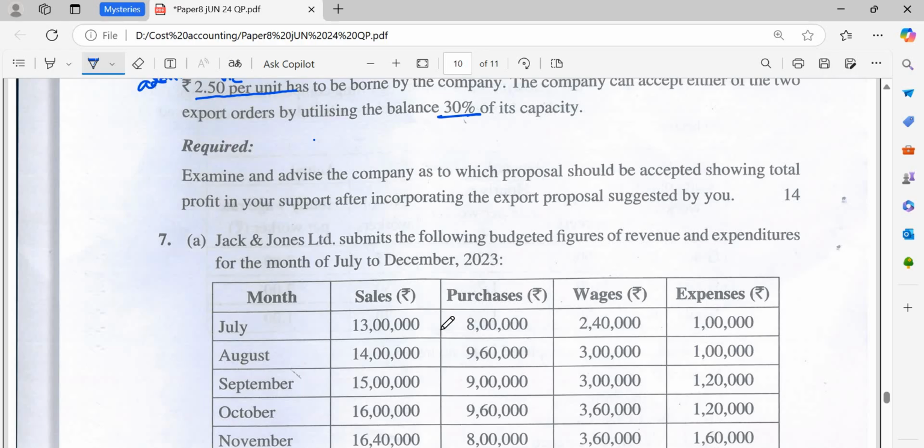So after incorporating this decision proposal, we need to show how much total profit I am earning. That is inclusive of that 70 percentage, right? So we need to calculate everything.